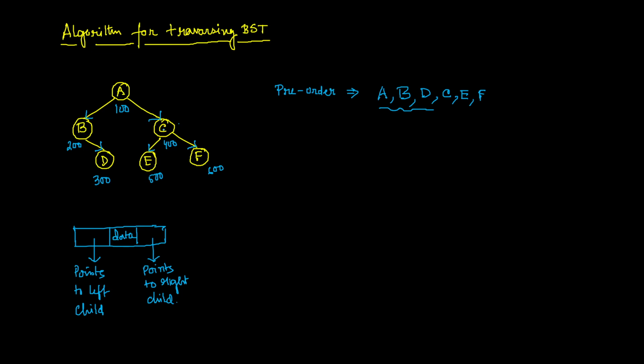Now before you reach the node having address 100, we have already come to address 200 or 300, because A, B, then D. So we came from 100 to 200, then 200 to 300, and from 300 I have to go back to 100, so that I can access the right pointer which contains 400, the address of this node.